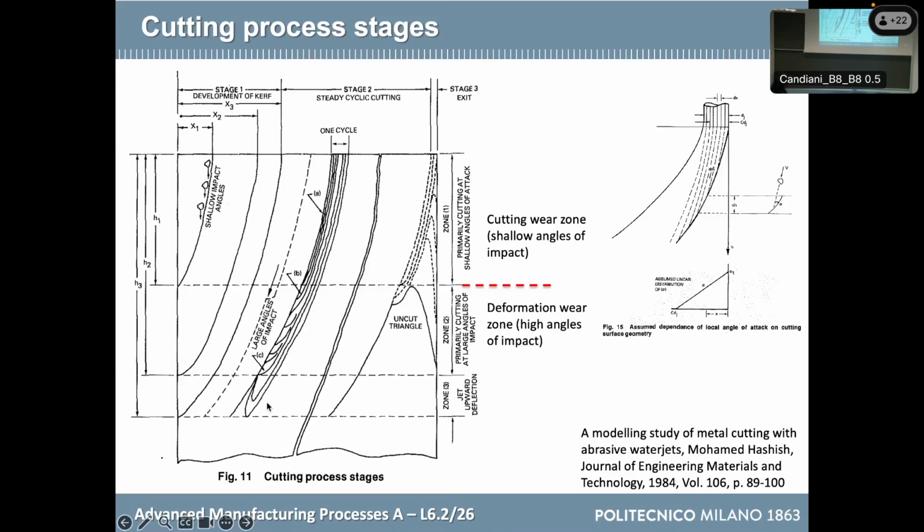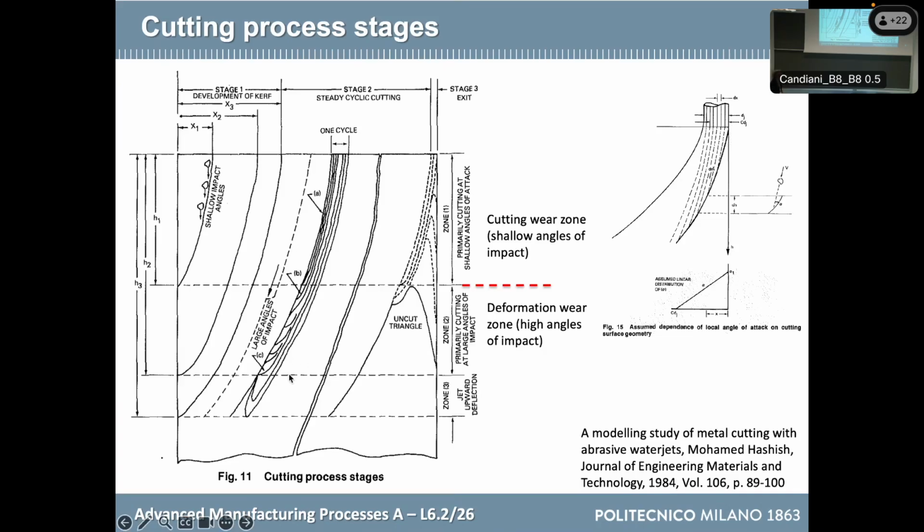Look, for example, at this picture: some particles on the cutting front are creating the chips at shallow angles of impact, but there is a portion of the flow rate that is touching the bottom almost perpendicularly, but there the cutting action is not effective anymore. So this is another reason to not arrive at the limit of the cut, especially on ductile materials.